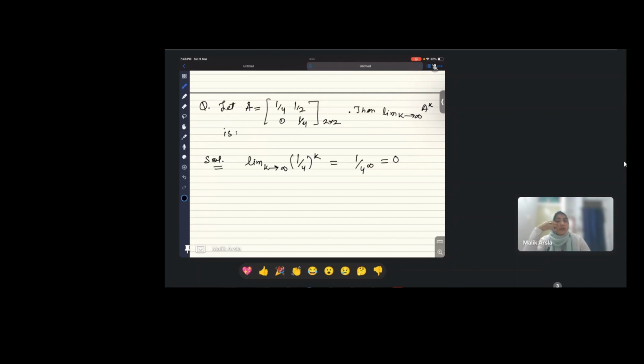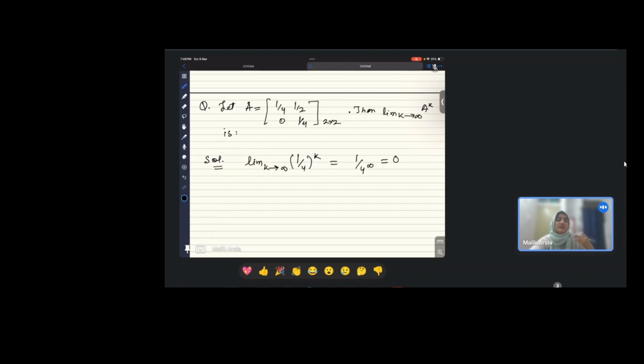Okay, madam. Do you remember that in case of vectors also we did similar questions, when we were finding where a vector converges? Yeah, so that similar concept has been extended to matrices.